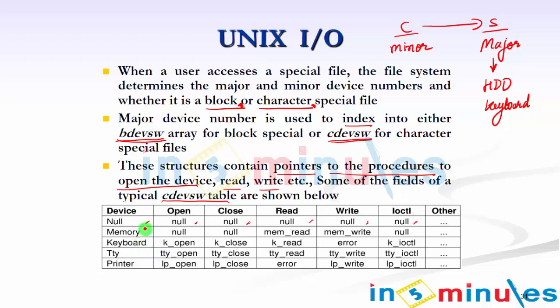For instance, memory: open and close, there is nothing, but to read and write there are functions to do so. For the keyboard, to open you have K open, to close, K close, to read, K read, and to write, don't forget we are working with the keyboard, so we only have input, we don't have output. In that case, you will not be writing, so there is an error.